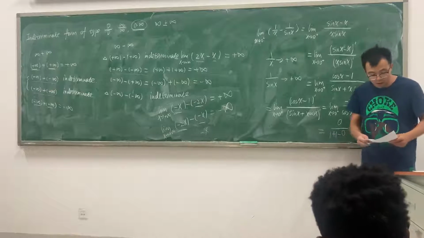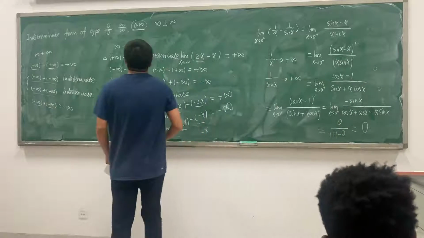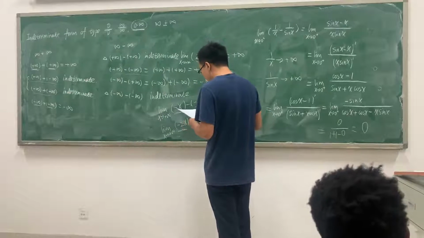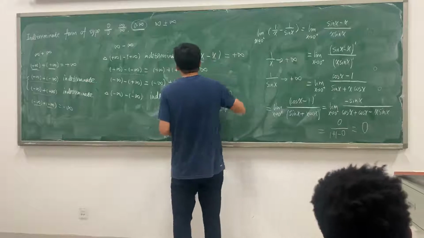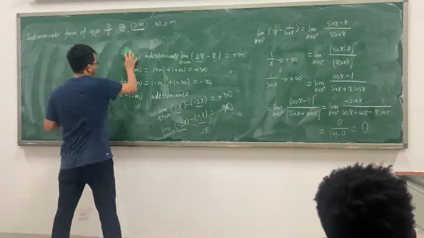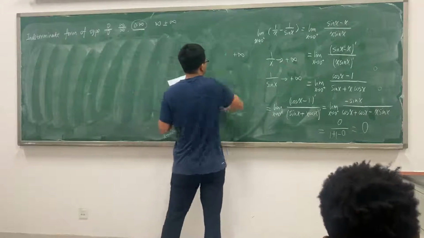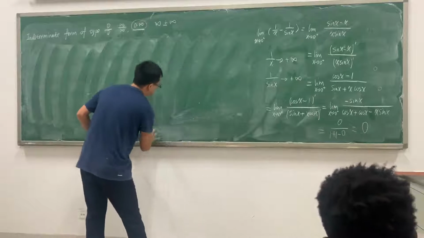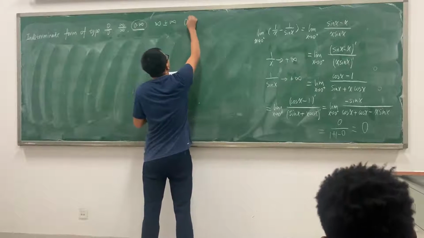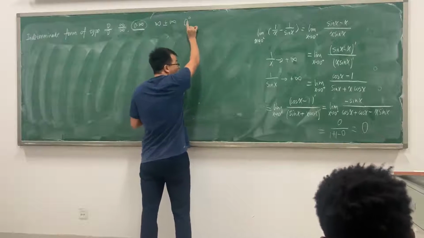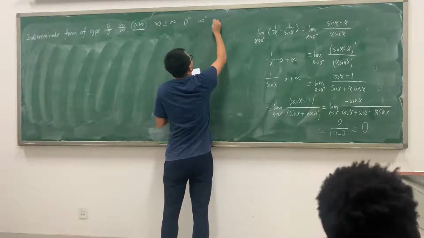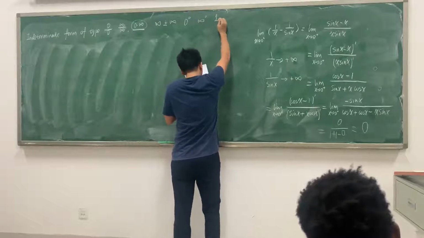So here actually we have other indeterminate forms. For example, 0 to the power 0, or infinity to the power 0, or 1 to the power infinity.